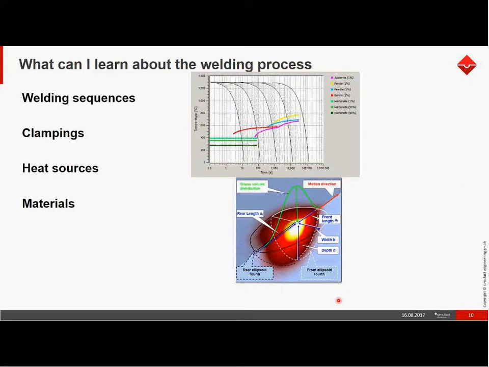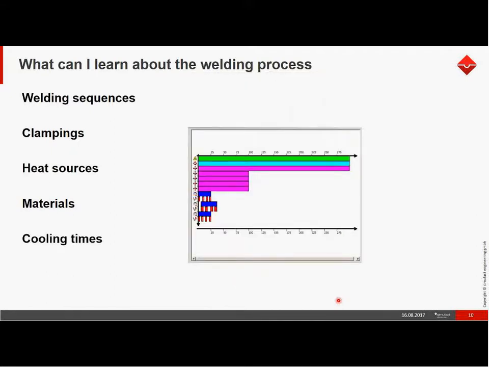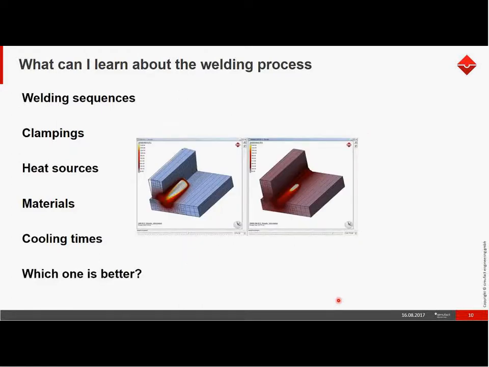You can also change the material, of course, and look if a certain material will work better. You can work with cooling times, something that is very important, in my experience, when it comes to distortion reduction. And you can also choose whether it is better to use one layer or even use a multi-layer simulation or something like this.